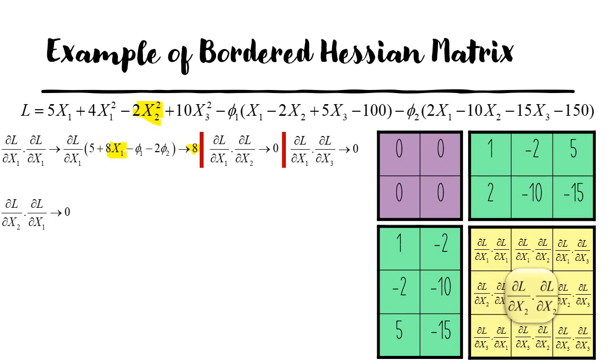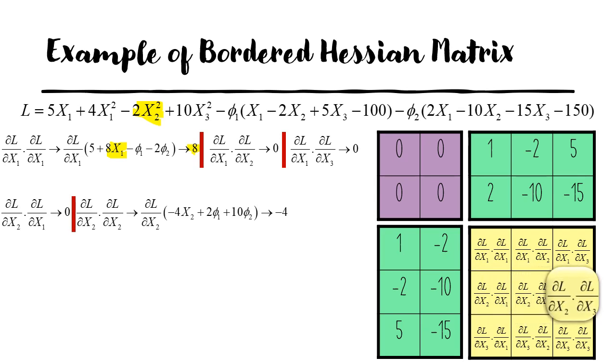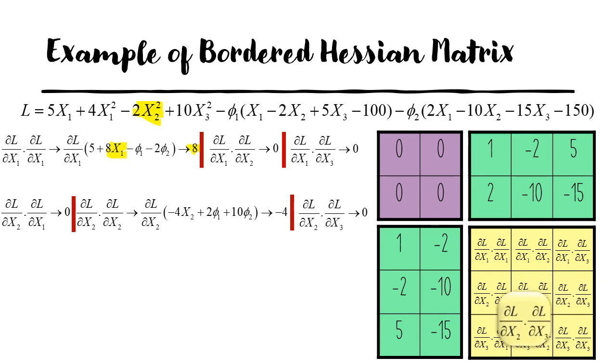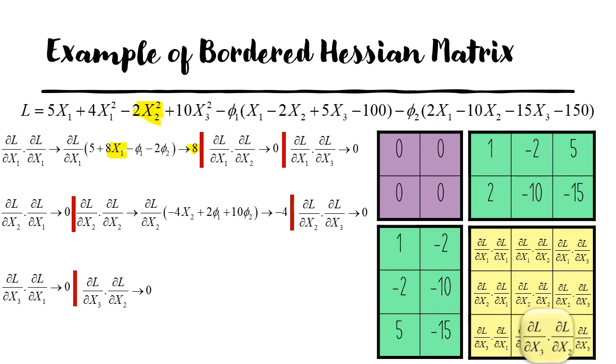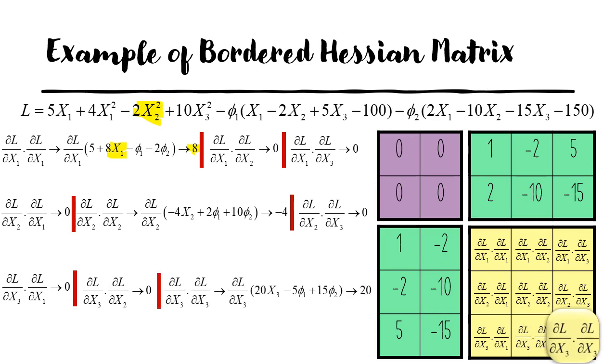Here, when I differentiate twice with respect to x2, I will get minus 4. For x2 and x3, again I will get 0. Let me go to the third row. x3, x1, again it will be 0. x3, x2, again it will be 0. And the last, partially differentiating twice with respect to x3, you will get 20.